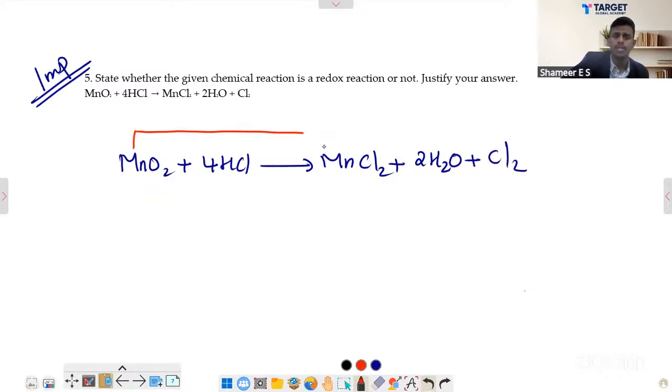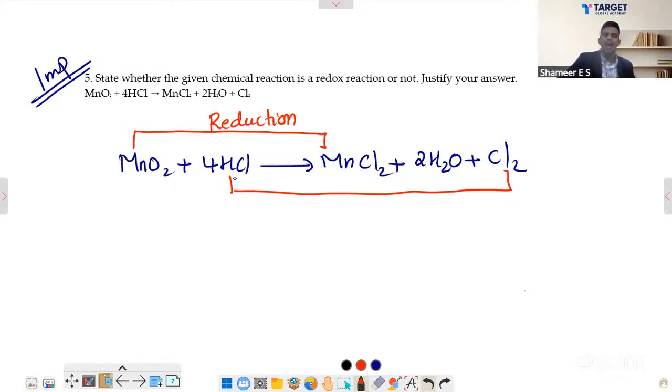MnO2 becomes MnCl2. HCl becomes Cl2. That means removal of oxygen is reduction, and removal of hydrogen is oxidation. And it is very important to study finding the oxidizing agent and reducing agent.